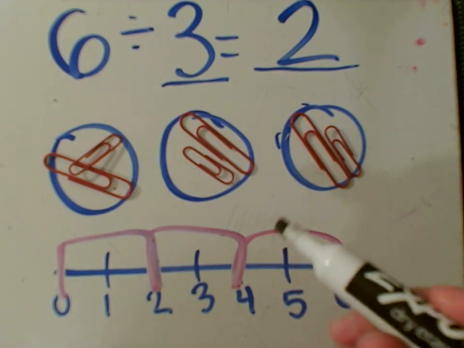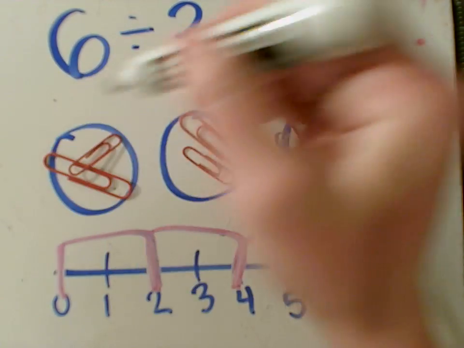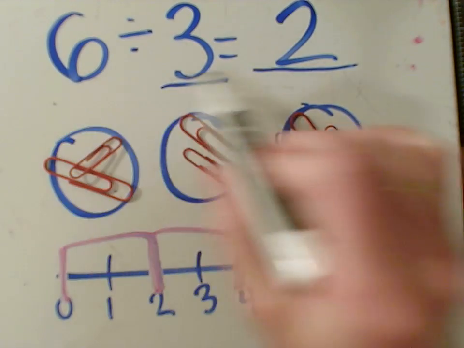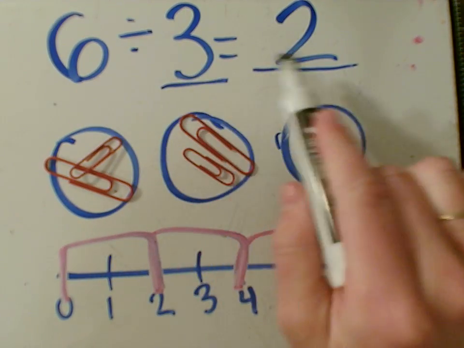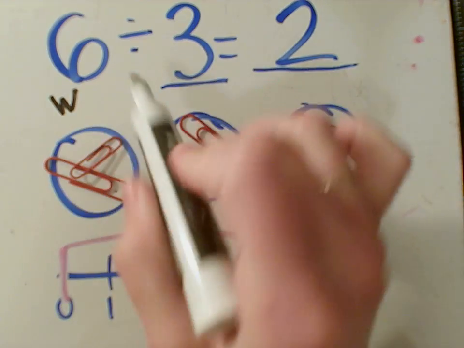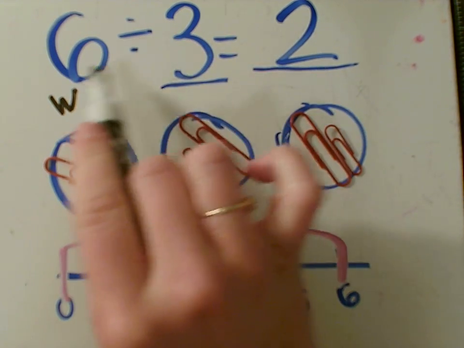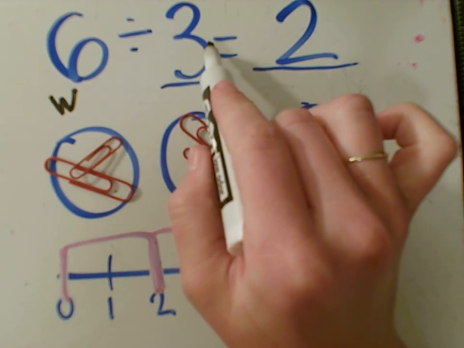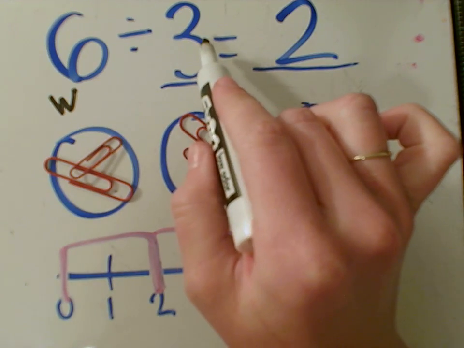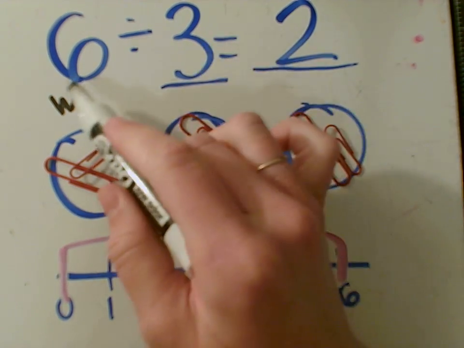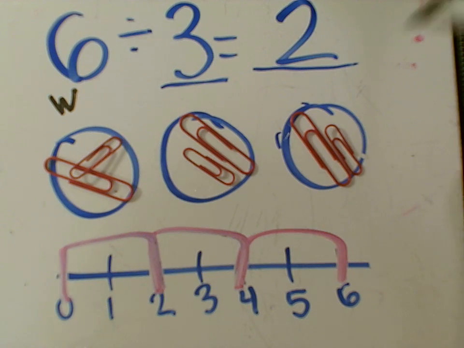here we go. So we know that 6 is the biggest number. 6 is bigger than 3 and 2. That is our whole number. We cannot divide from any number that's not the biggest. Otherwise, you're not going to get the right answer here.